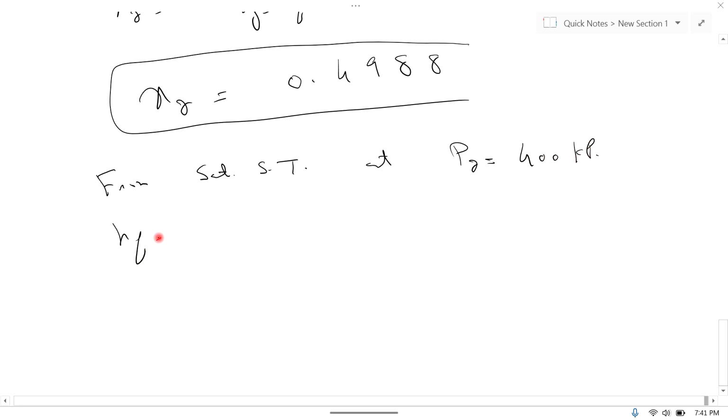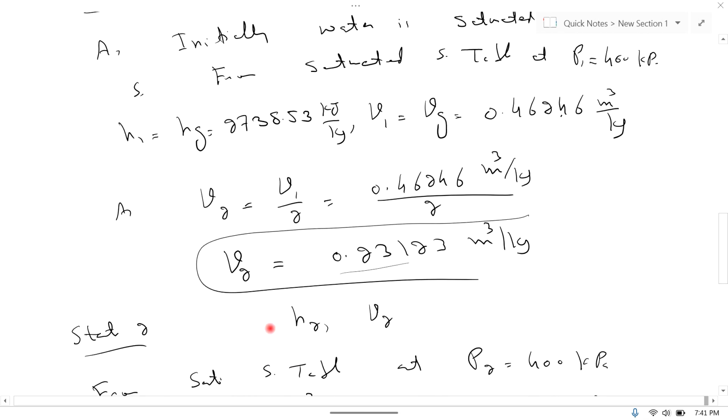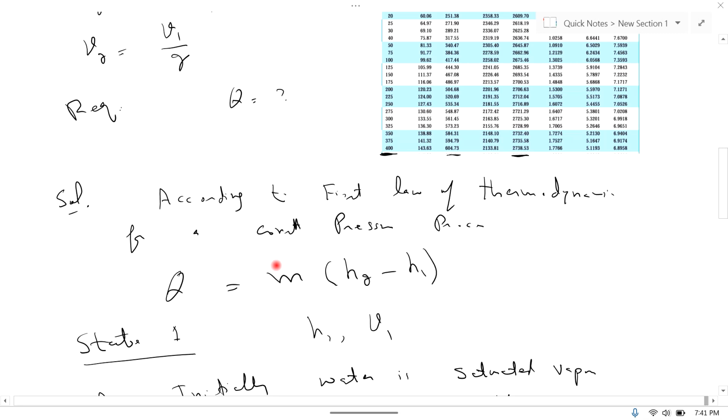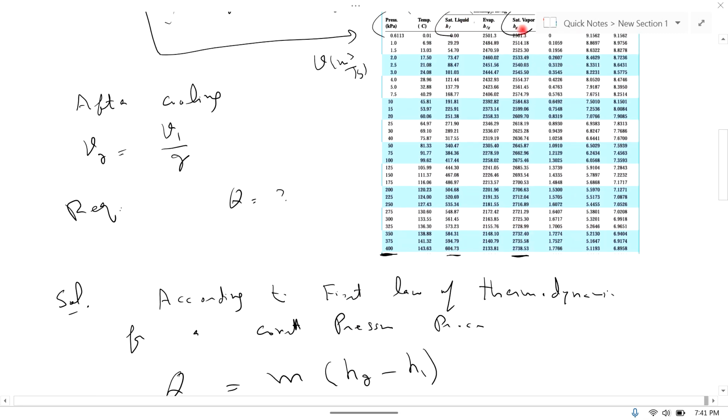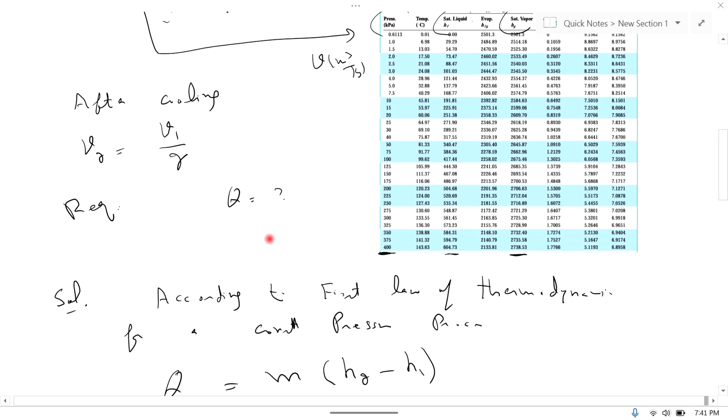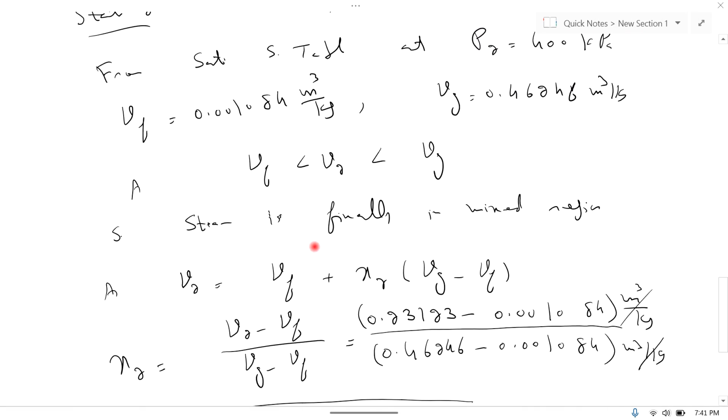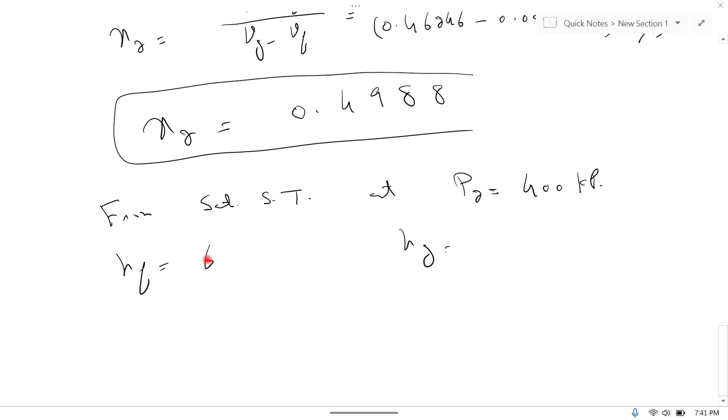Hf is 604.73 kilojoule per kg, and Hg is 2738.53 kilojoule per kg.